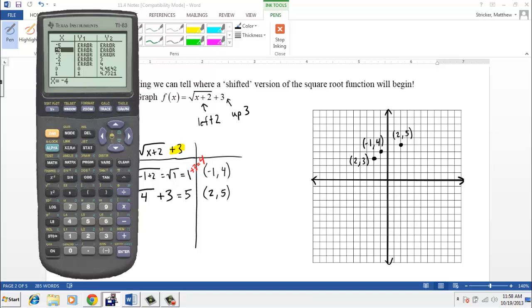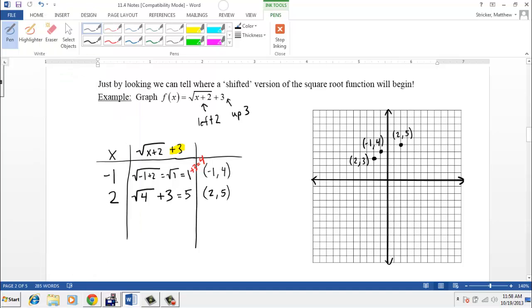Look, everything to the left of -2 gives us a y value that's an error. That means it's not in the domain. -3 is not in the domain. Oh, just notice here there's a typo here on my graph. This should say -2 here, right? -2, not +2. -2, 3. There's no points after that. That's where it stops. It's going to start here and climb up to the right.